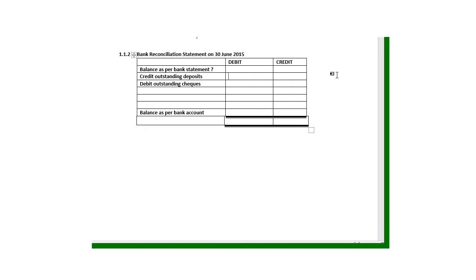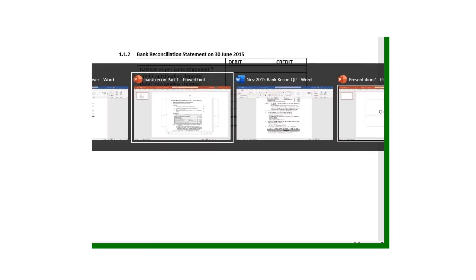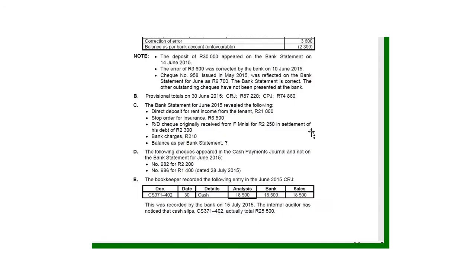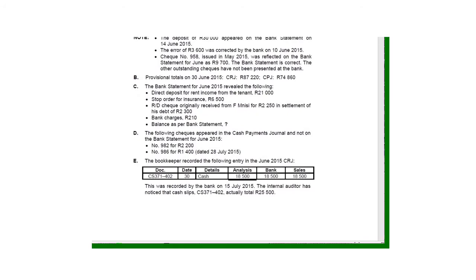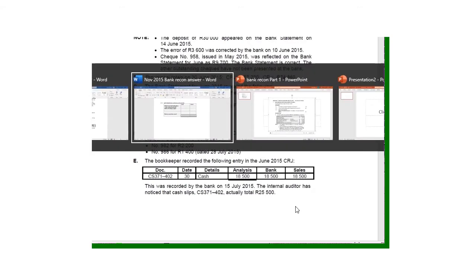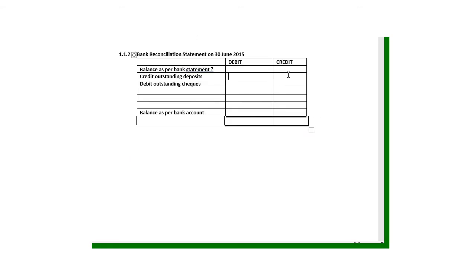So we go further and look for the outstanding deposits. If we go right down to E, that is that deposit that was made, that was only recorded by the bank in July. So it's not on our bank statement end of June, so we must list it, it must still come through. And the total is that total in the bank column of 18,500. So it is a credit, we'll put it on the credit side, 18,500.